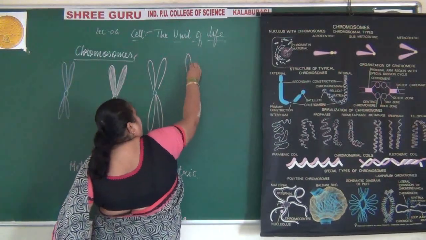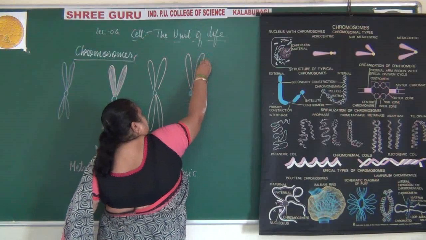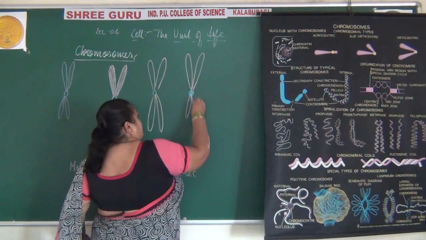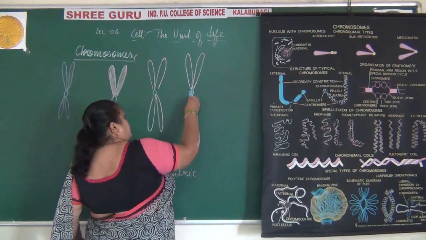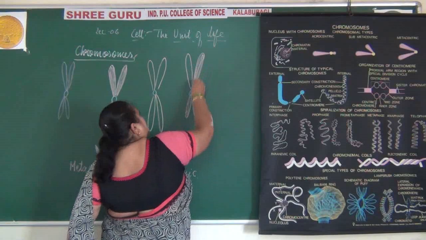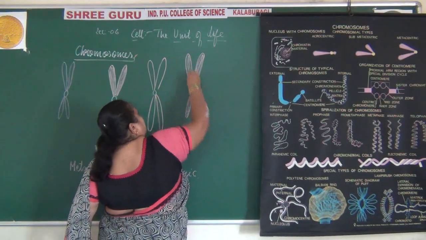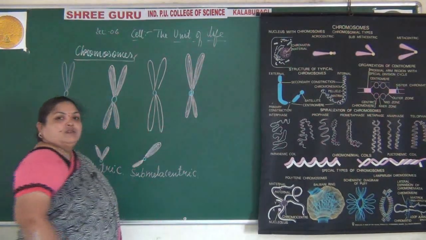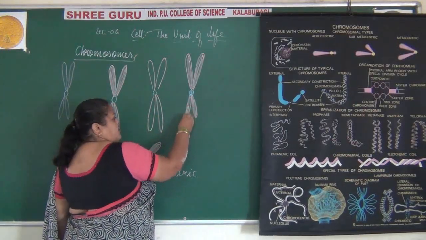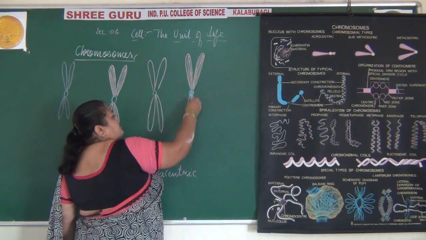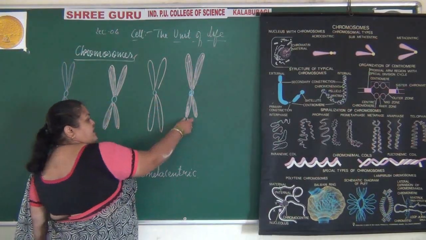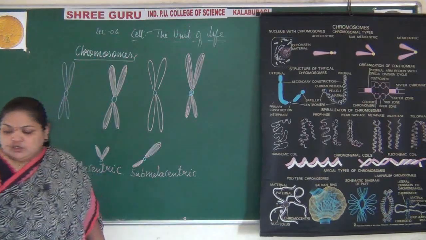Look at the figure. These are the chromatids. You may observe that the chromatids of the chromosome here, one is too long and one is too short.